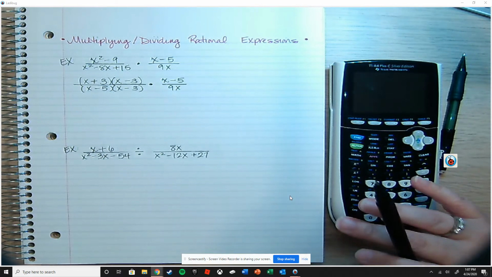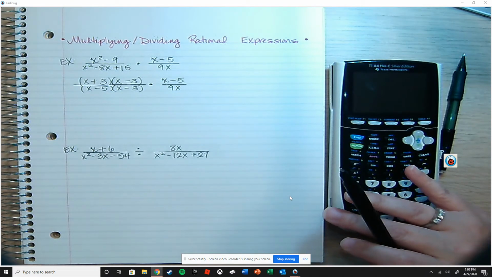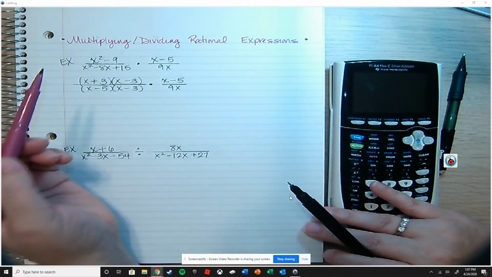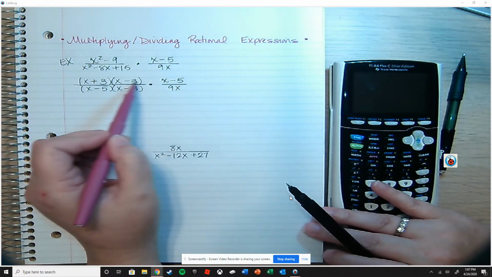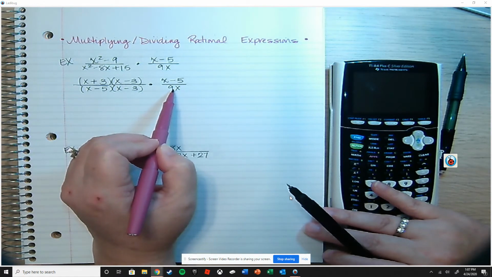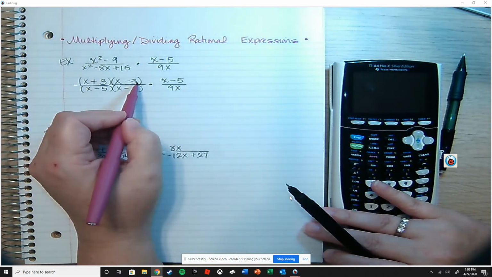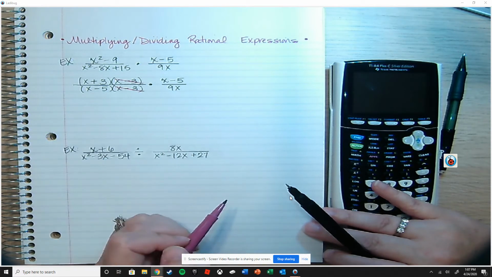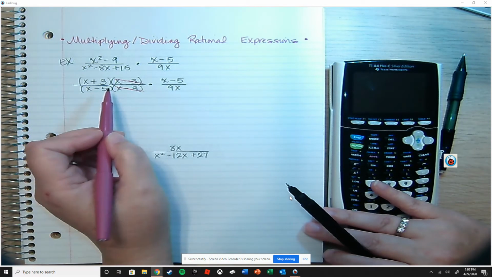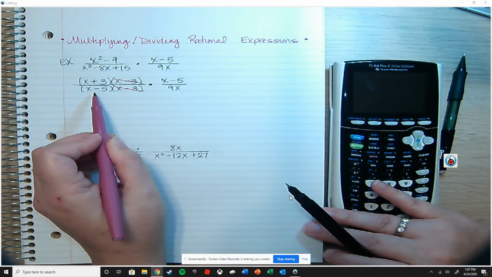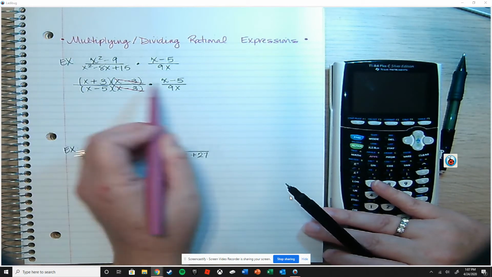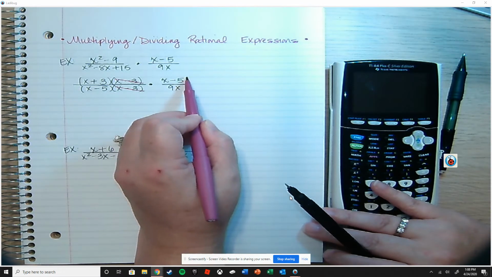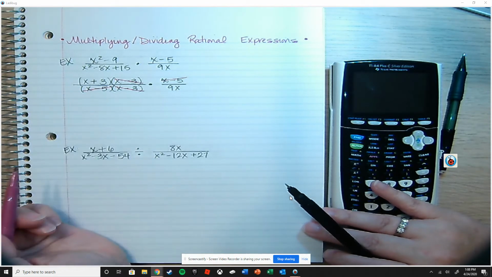All right. Now, here's the great thing about multiplication: if you've got something on the top and on the bottom, anywhere in the problem, you can cancel. So since I have an x minus 3 on the top and the bottom, that eliminates. And since I have an x minus 5 on the top and an x minus 5 on the bottom, even though they're in two different fractions, remember multiplication allows this, x minus 5 and x minus 5 eliminates.